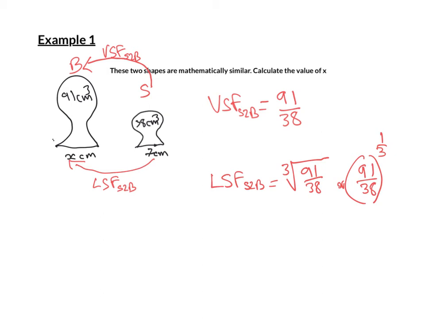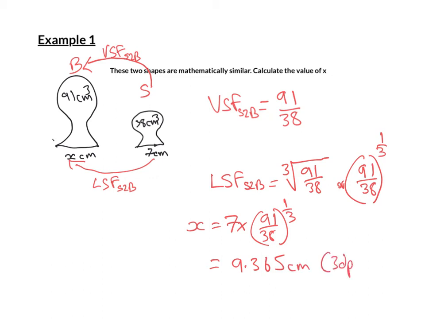So there is our linear scale factor, and all we've got to do then is x equals 7 times our linear scale factor, which we now know is 91 over 38 to the power of a third. Stick that in your calculator, and you should get 9.365 centimeters. Don't forget the units, to 3 decimal places.